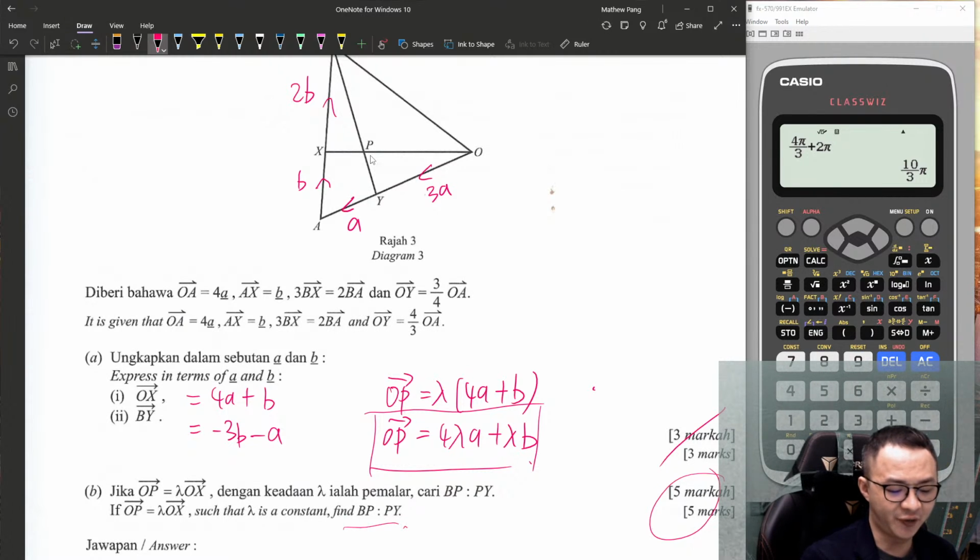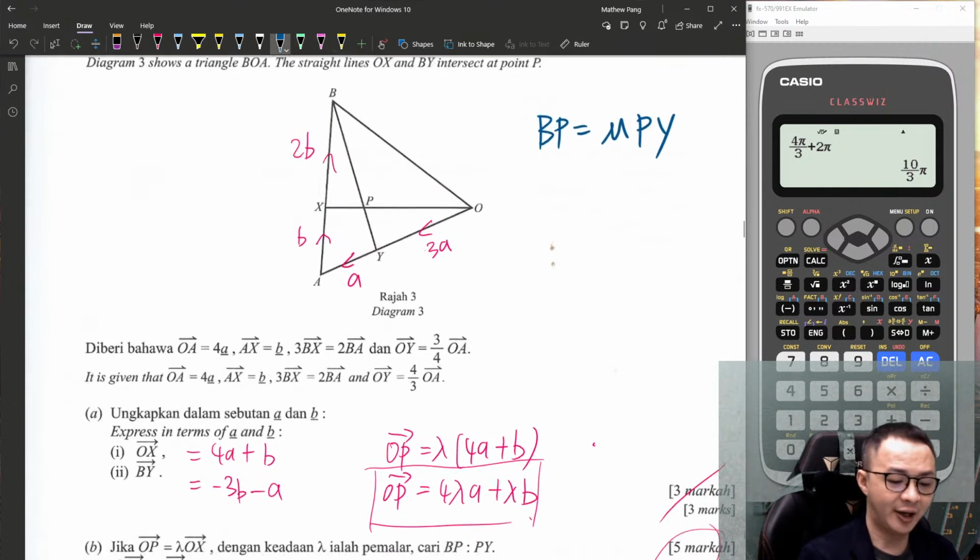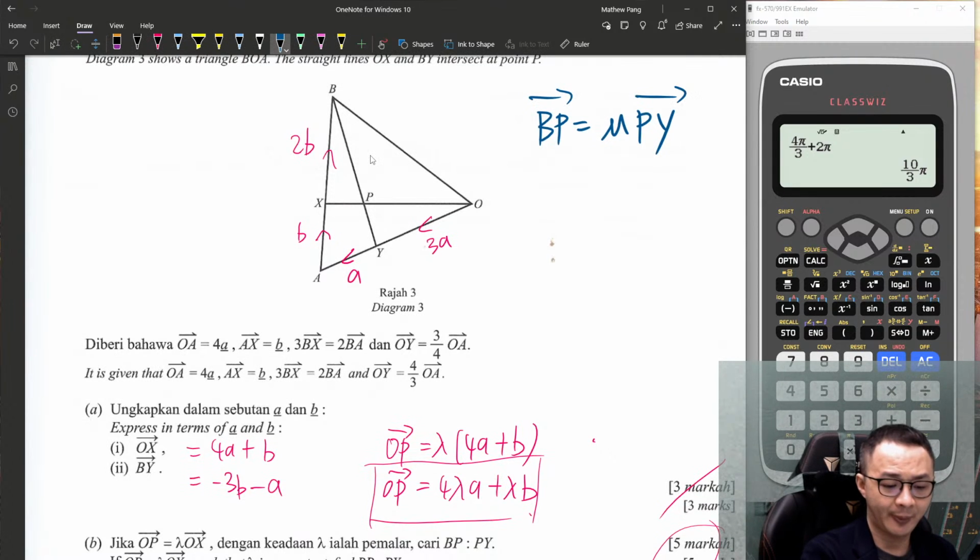Find a ratio for BP and PY. Let me see. B to P and P to Y. I do not know what the ratio between them is, so let's form an equation. So I will just say BP equals mu BY. Since I do not know exactly what the ratio between them is, I'm going to add a mu for it. BP, I don't think it's hard, right?